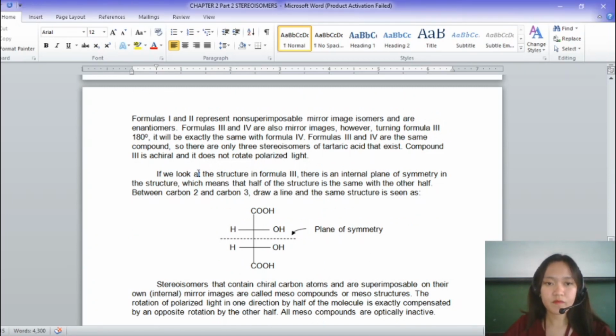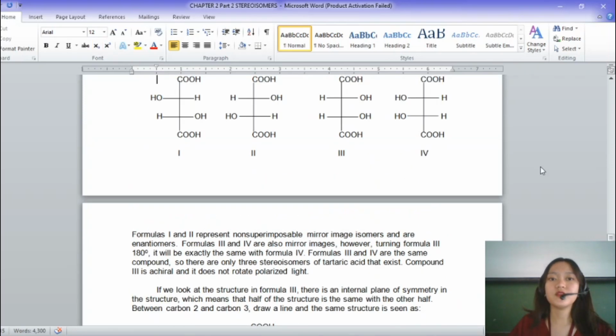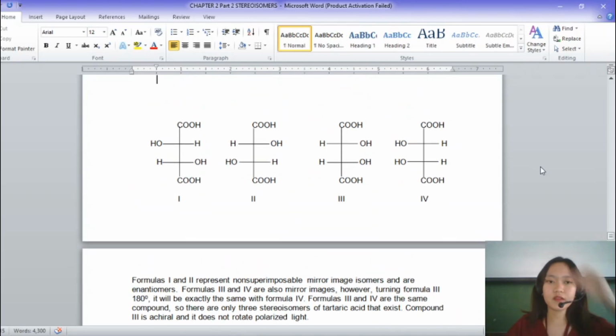Okay. So, if we look at the structure in formula number 3, balikan natin yun kanina. So, i-check mo muna, check first if when you turn the mirror image 180 degrees, magko-coincide ba siya with structure number 1.